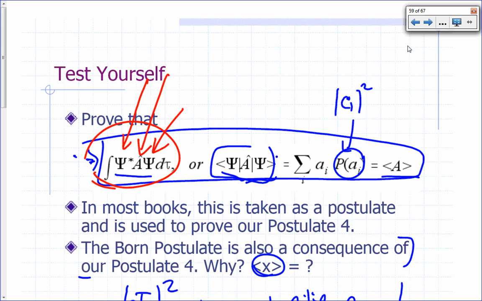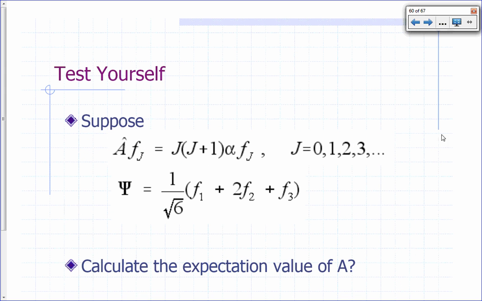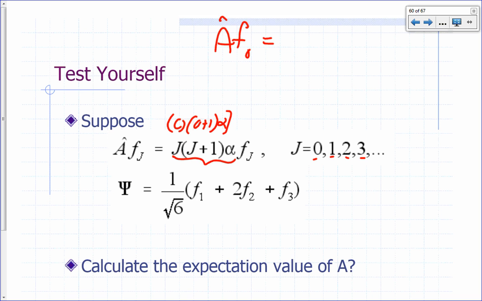So let's apply those ideas now to this question. Let's say A hat f sub j gives you back j times j plus 1 alpha times f sub j. The allowed values of j are 0, 1, 2, 3, and so on. So what are the eigenvalues? A f0 is equal to what? 0 times 0 plus 1 times alpha, which is 0.